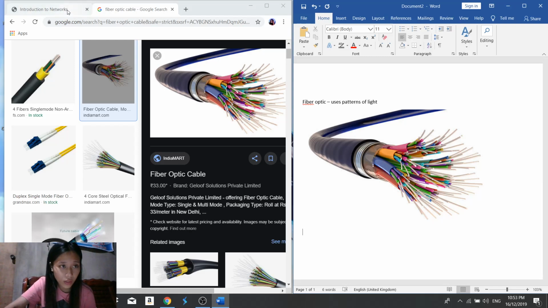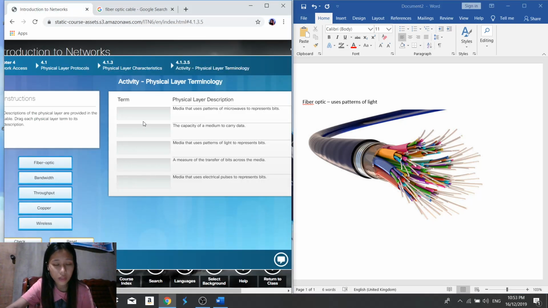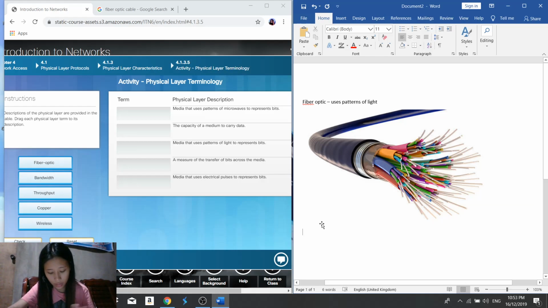For the next one, we have the bandwidth. The bandwidth is the capacity of a medium to carry data. Typically, digital bandwidth is the measured amount of data that can flow from one place to another in a given amount of time.